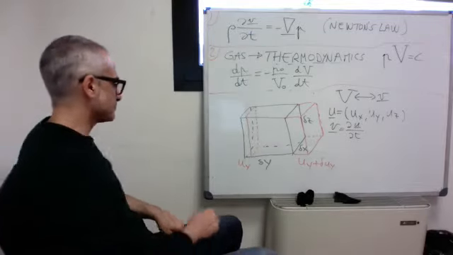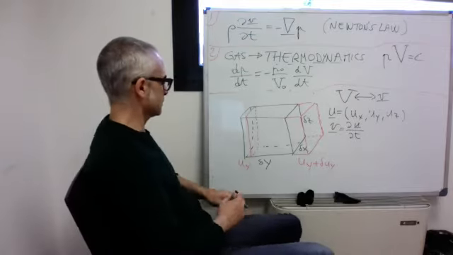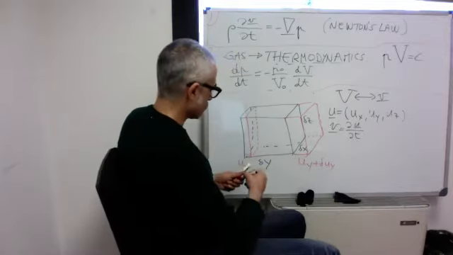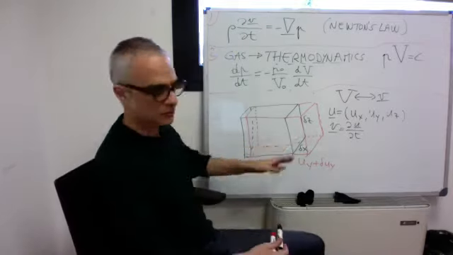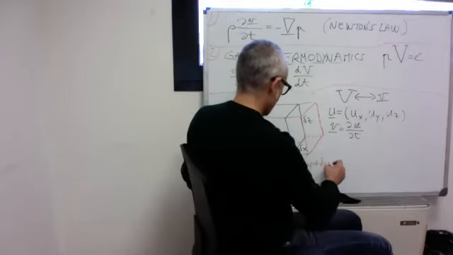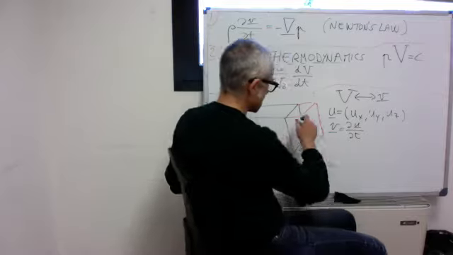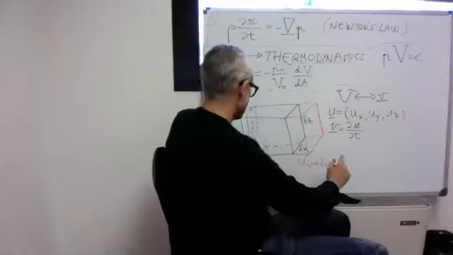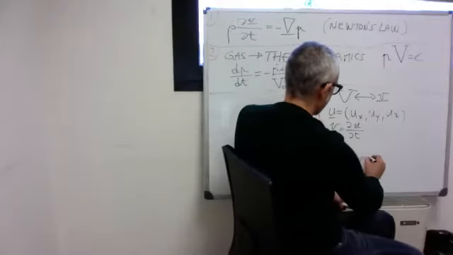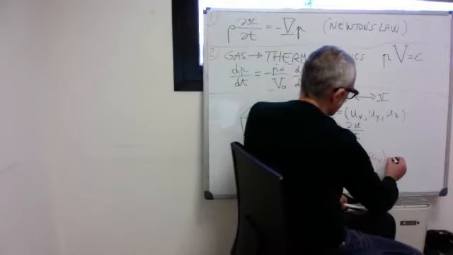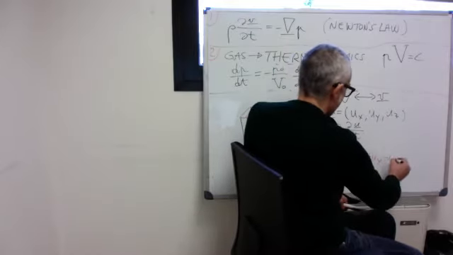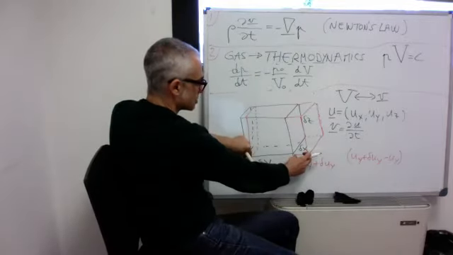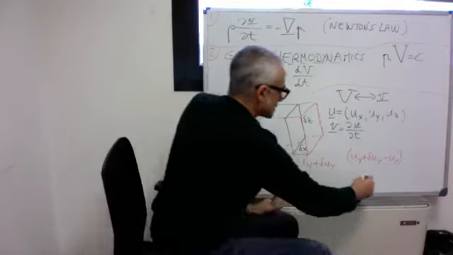Okay, so if this is Uy and this is Uy plus delta Uy, the total change in volume associated with the deformation in the y direction will be Uy plus delta Uy minus Uy. This deformation minus this deformation multiplied by delta x delta z.